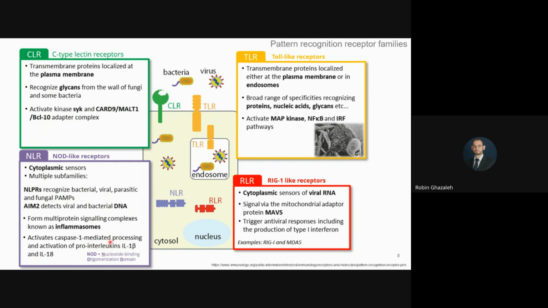So that's processing. So processing, doing something physically to the pro form of interleukin, causes it to be active. And that's a common pattern that we see in biology of activation via proteolytic processing, and also interleukin 18.